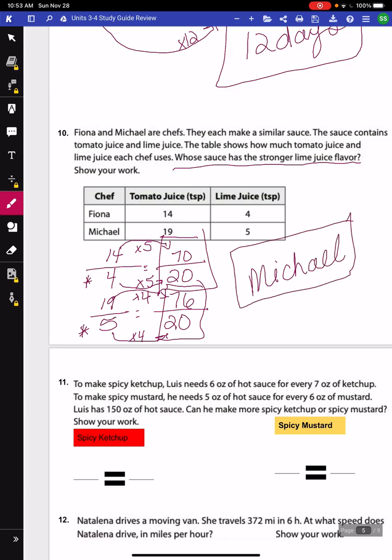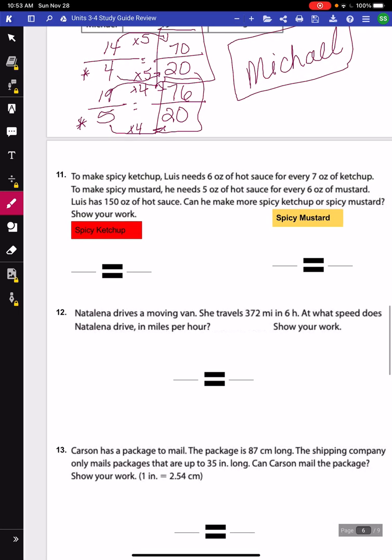All right, number 11. To make spicy ketchup, Luis needs 6 ounces of hot sauce for every 7 ounces of ketchup. To make spicy mustard, he needs 5 ounces of hot sauce for every 6 ounces of mustard. Luis has 150 ounces of hot sauce. Can he make more spicy ketchup or more spicy mustard?